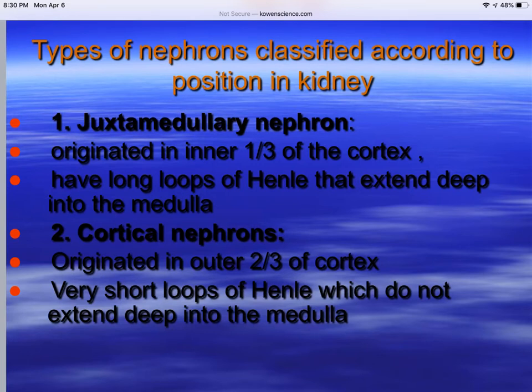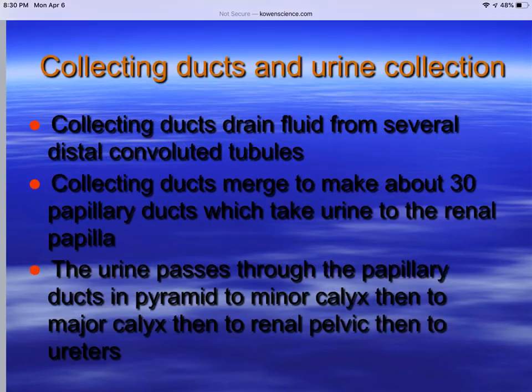The cortical nephrons are going to originate in the outer 2/3 of the cortex, but they're going to have very short loops of Henle, and they do not go deep into the medulla. The collecting ducts, again, collect the material from the distal convoluted tubule. They will actually collect from many distal convoluted tubules, and then they will merge to make 30 papillary ducts.